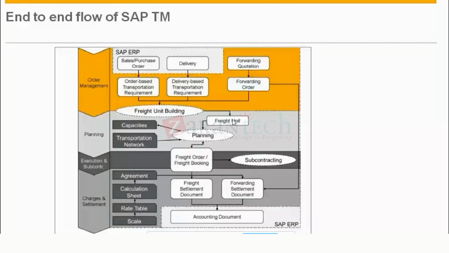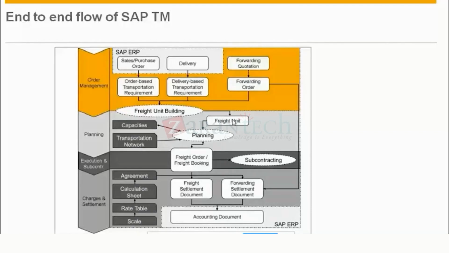Where you want to transport: I need to have a source location as well as a destination location in my transport management system in the freight unit. My source location is generally my shipping point from where the shipment originates, and the destination location is my customer location where the shipment needs to be delivered.